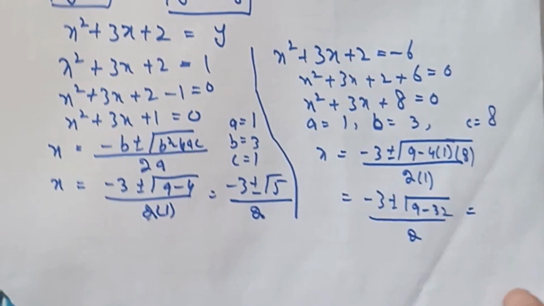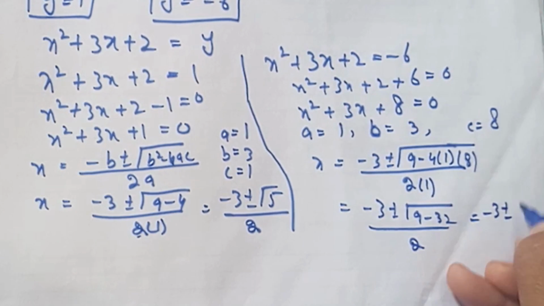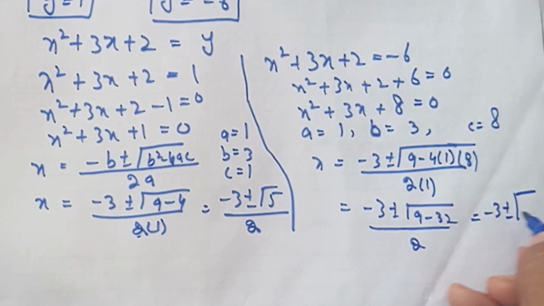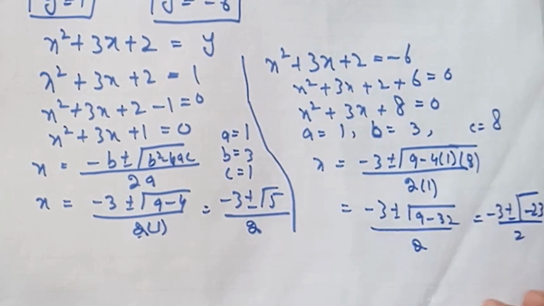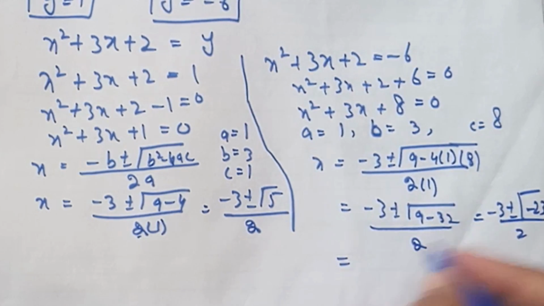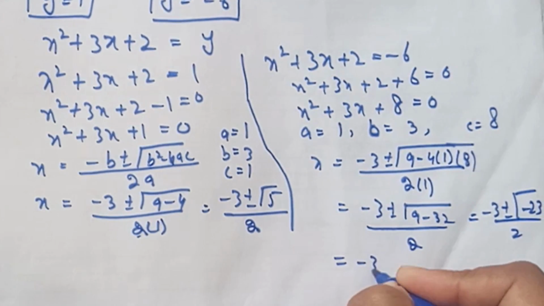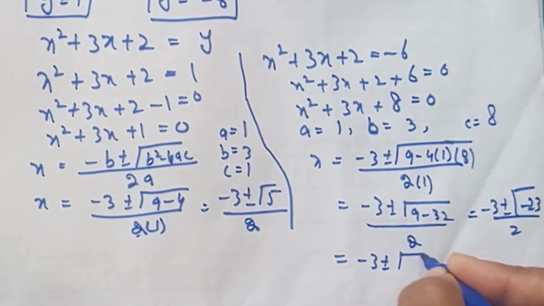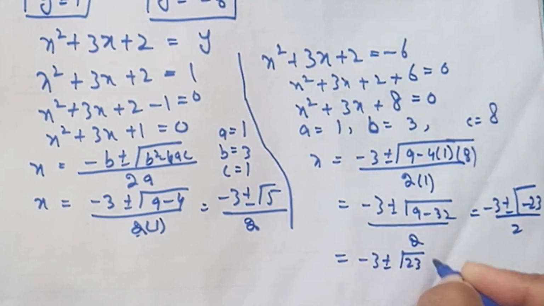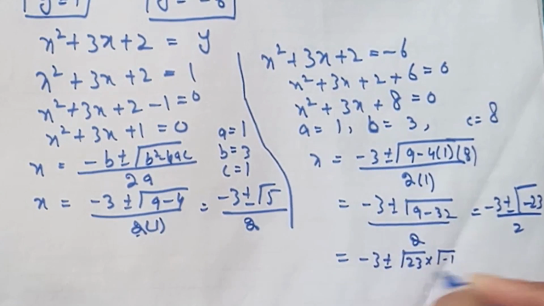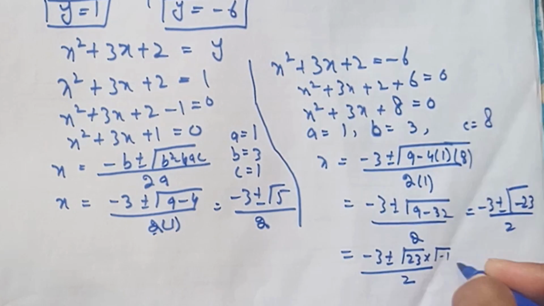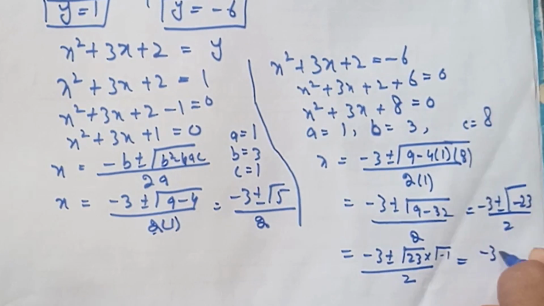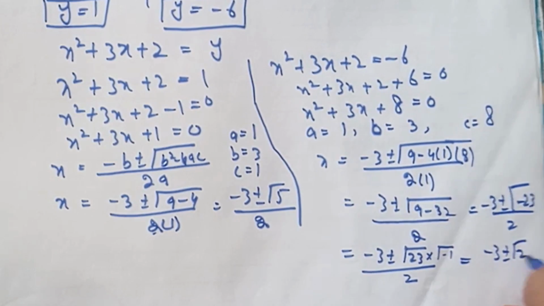And this is equal to −3 ± √(9 − 32). This is equal to −23 under the root, over 2. And we write this as −3 ± √23 × √(−1) over 2. And the square root of −1 is equal to iota. So we write this as −3 ± √23 iota over 2.